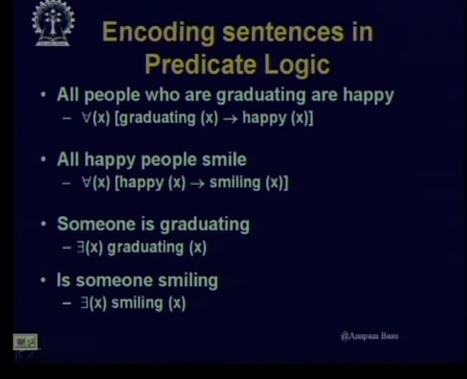Now, that can certainly be written as for all X, graduating X implies happy X. All people who are graduating are happy, and that is universal quantification, no problem with that. All happy people smile, that is again universal quantification.